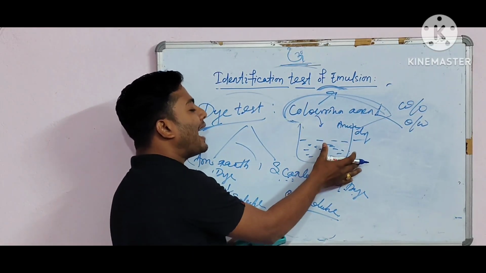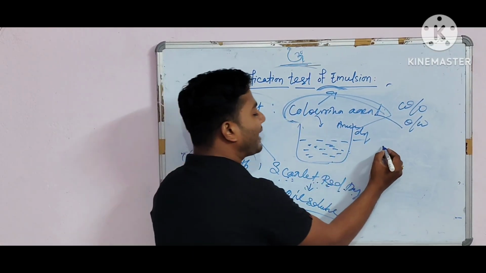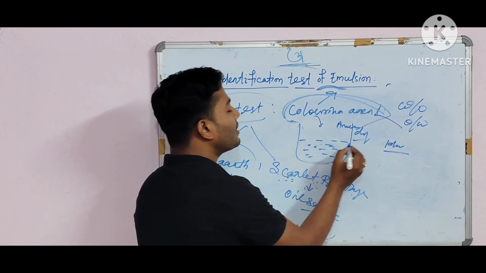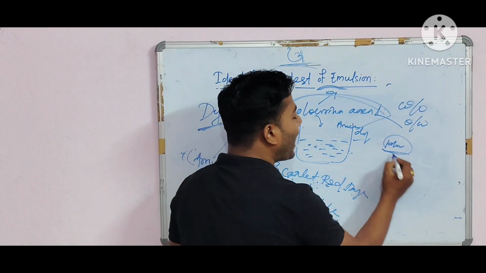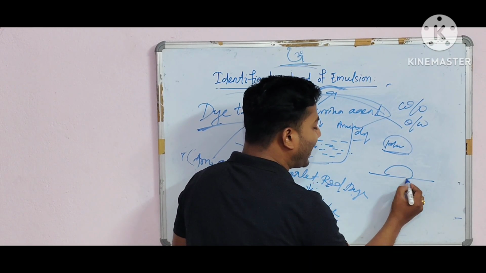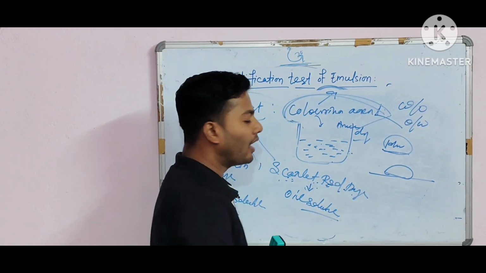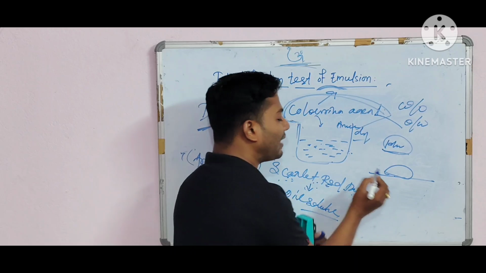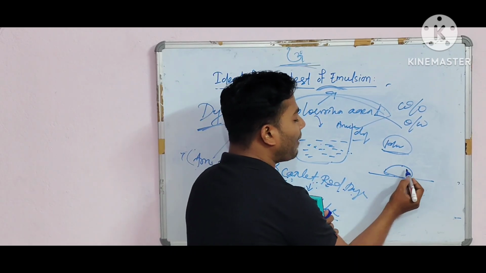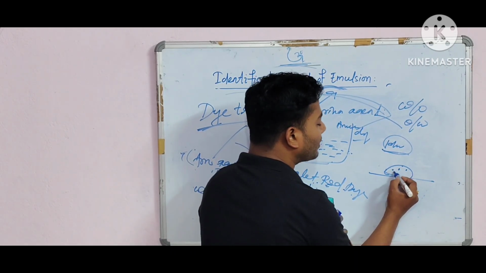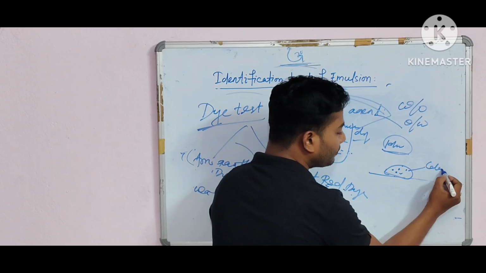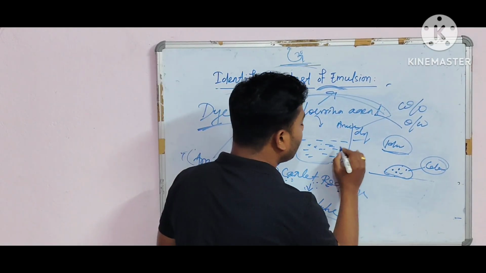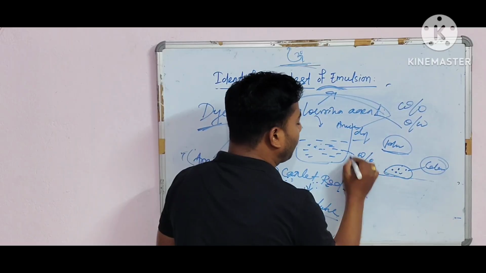So after adding the amaranth dye you have to take one drop of sample from this beaker and place it on a microscopic slide. Under microscopic vision, if the globules part has color, then definitely you can say it is a W by O type of emulsion.